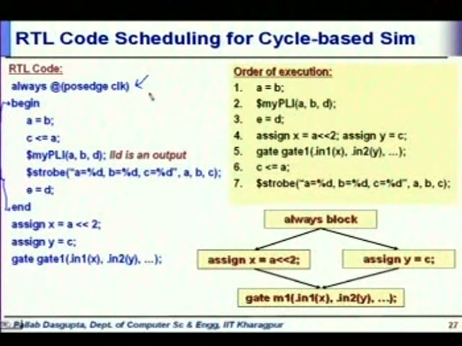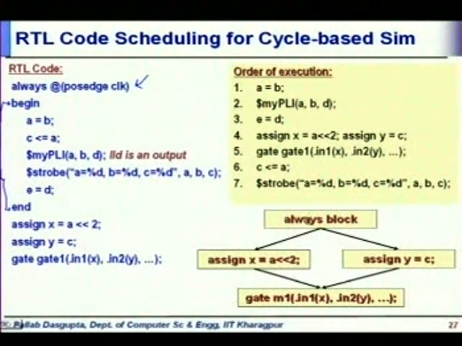So, whatever happened in the previous cycle can trigger some of these guard conditions. For example, when the clock transits, that transition of the clock can trigger some of these always blocks. So, we first look at the always blocks. Now, many of them might have got triggered, so we take their code and we first execute that.